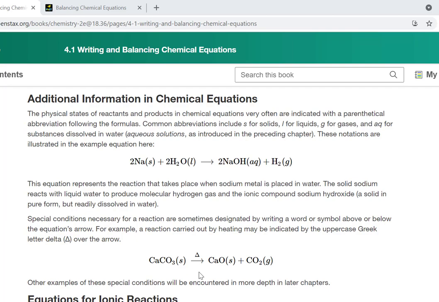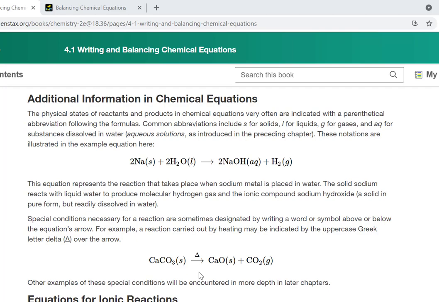And in this case, it is a change in temperature. So we are heating this up as it's taking place. So when you see a delta over the arrow, that means the reaction has to be heated to take place.